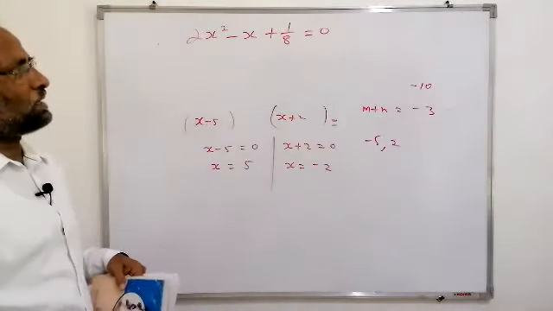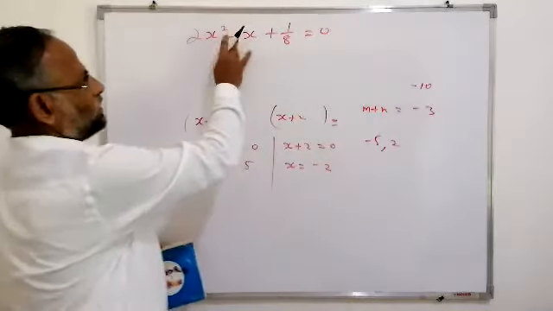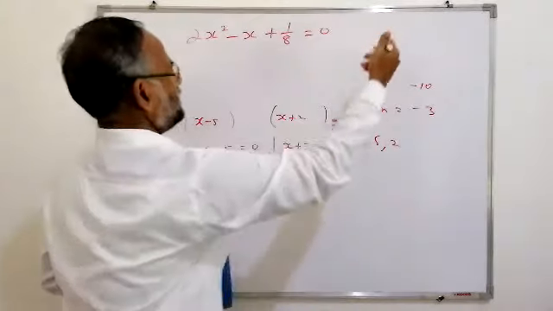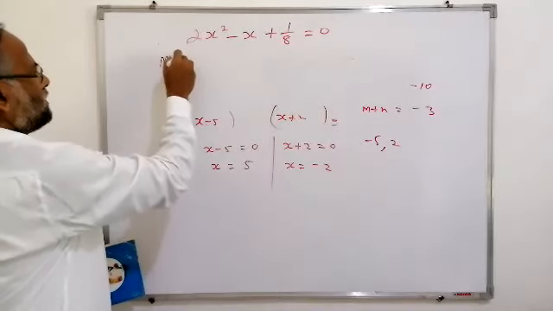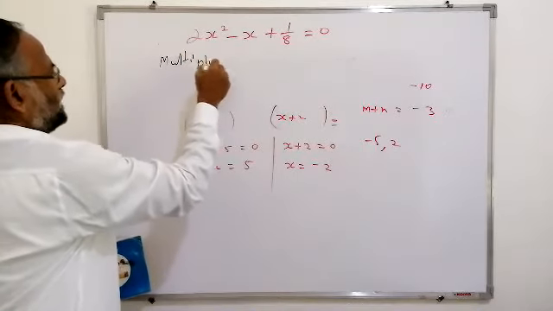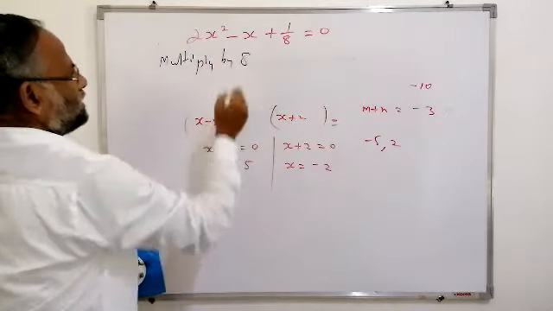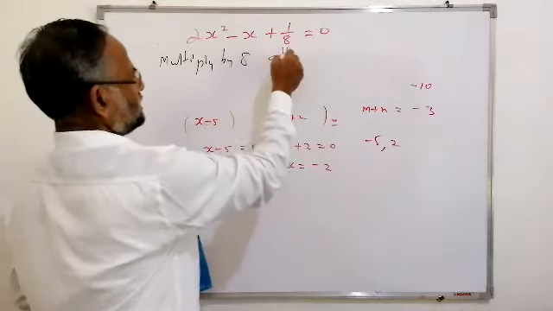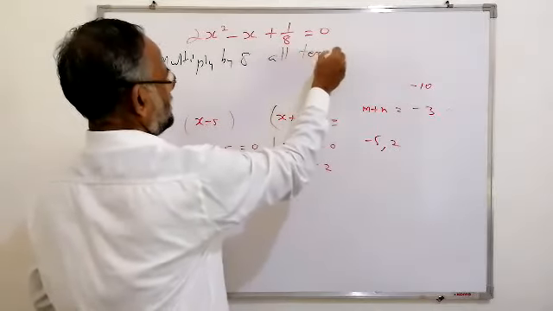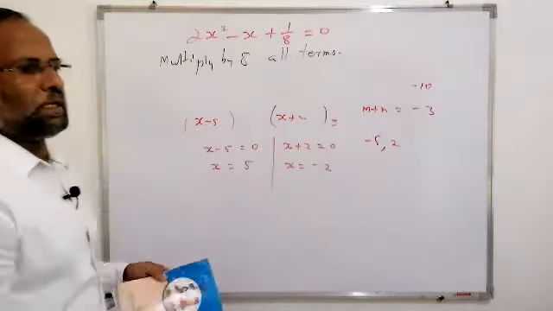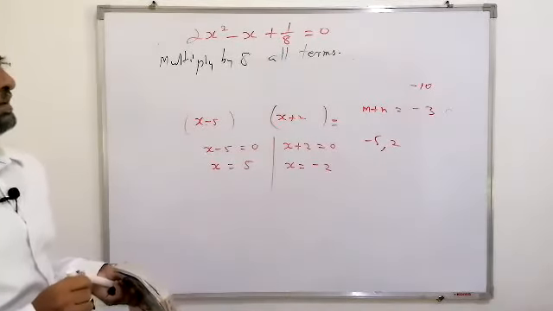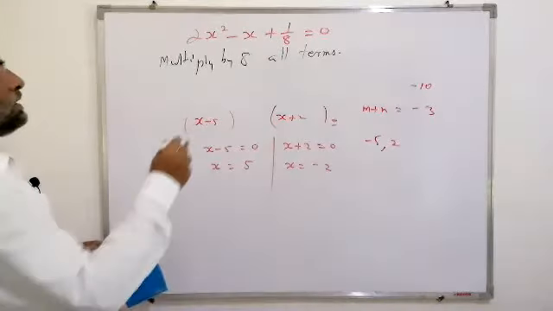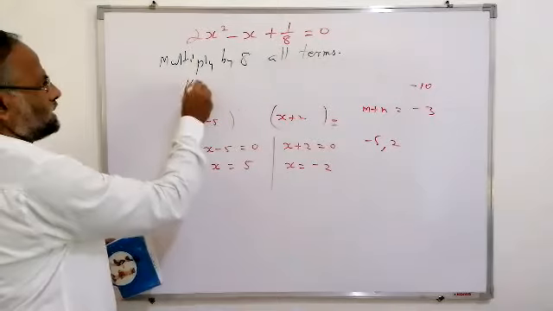I am multiplying by 8, all terms, because 8 is the denominator. I don't want the denominator. This is the easy method, standard form. 8 into 2, 16 x square.